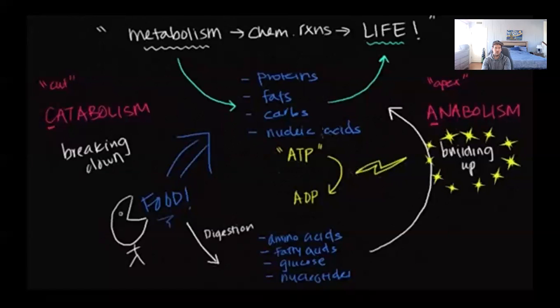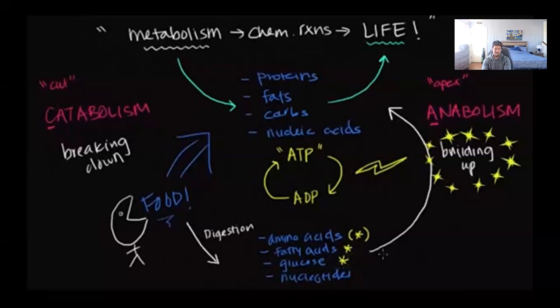Now, in order for this process to continue nonstop in our bodies, ADP must be regenerated into ATP. And that is where food comes in. So remember that we digest our food into all of these subunits, and some of these subunits, such as glucose and fatty acids mainly, but occasionally amino acids, I'm going to put that in parentheses, can essentially be used as fuels in our body.